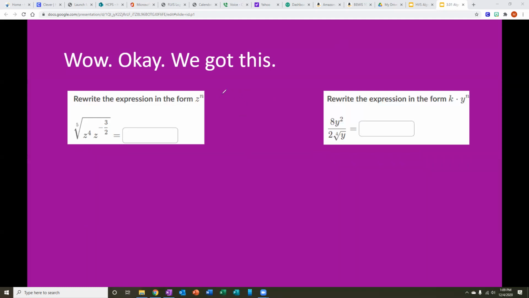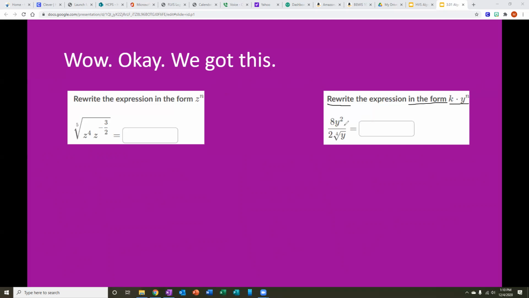All right, so again, I am going to write and talk as little as possible, which I'm sure you're thankful for. So I am going to look at the question though. It says rewrite in the form k times y to the n. So I see this as multiplication with an exponent.